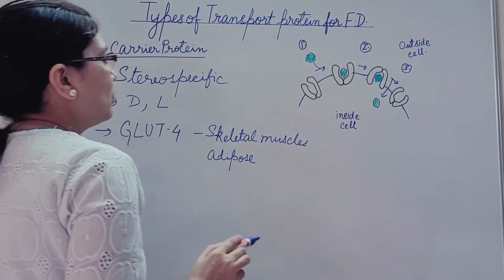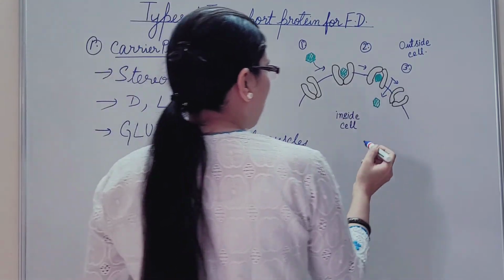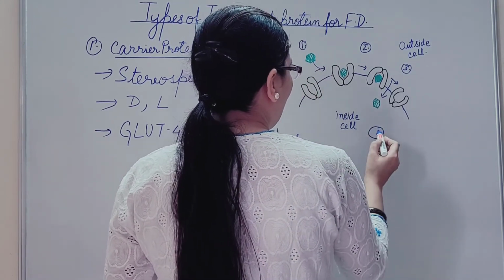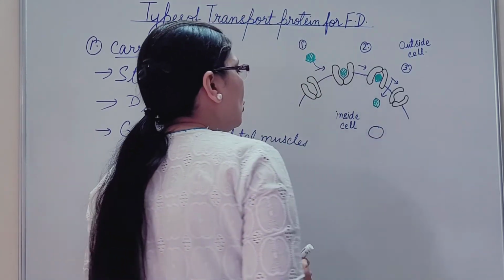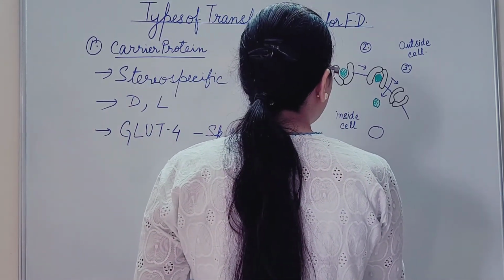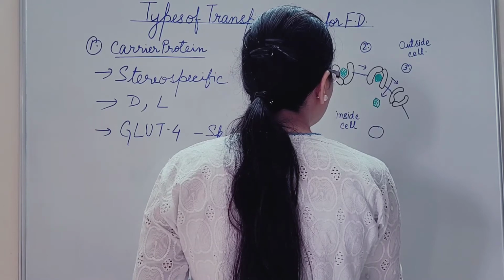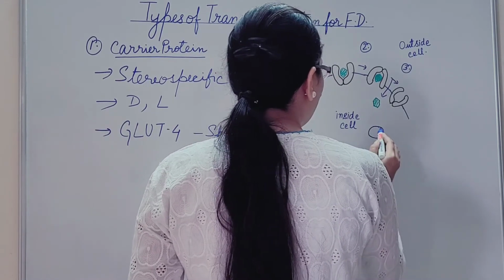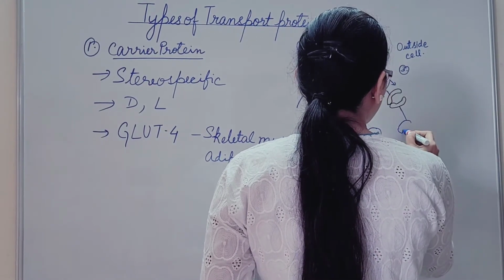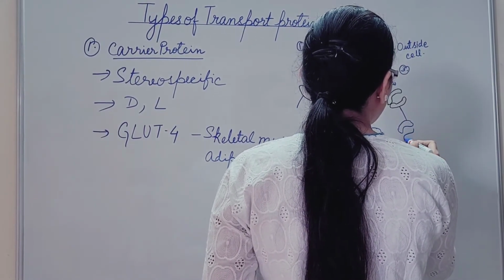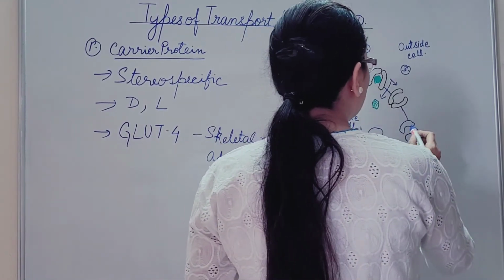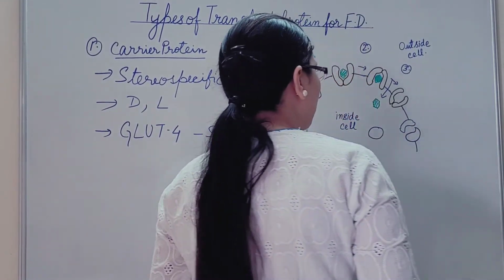This glucose transporter is not present in the plasma membrane, but it is present in the intracellular vesicle. When the level of glucose increases in the blood, then insulin hormone is secreted. This insulin hormone then stimulates it. It fuses with the plasma membrane, and now GLUT4 is present in the plasma membrane and it increases the uptake of sugar.